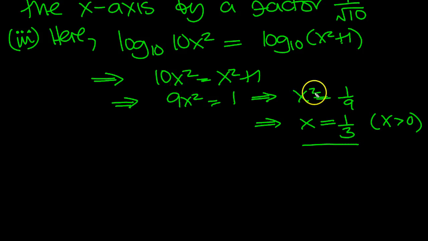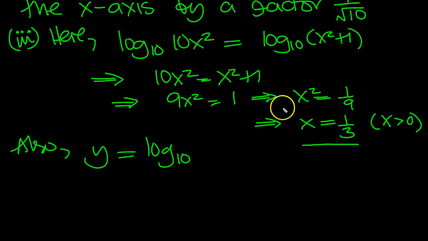Okay, so now what is the y value? The y value is equal to log 10 of 10x squared. X squared is 1 over 9, so it's 10 times 1 over 9, which is 10 over 9. Log 10 of 10 over 9.